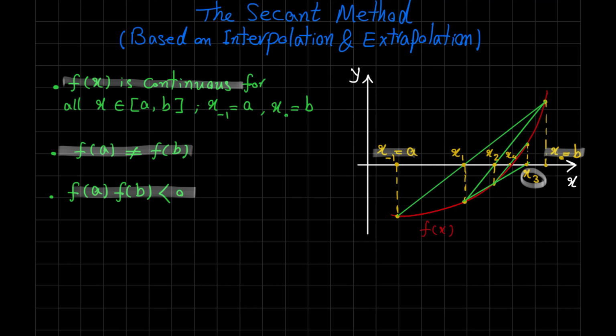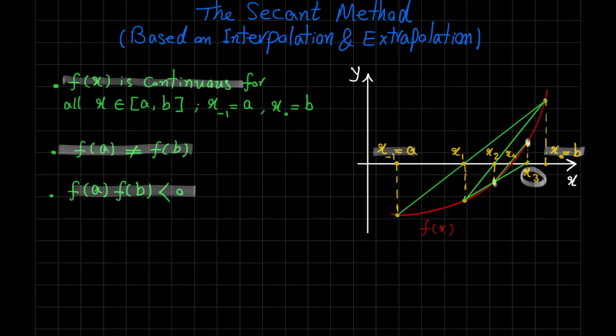And again, we seek the value of f(x) at x3, which is this point, and we draw the new secant line between x3 and the previous x, which is x2, so this point. And this is our new secant line.